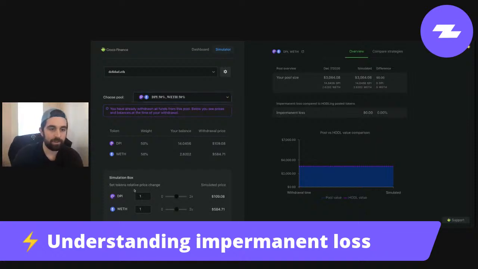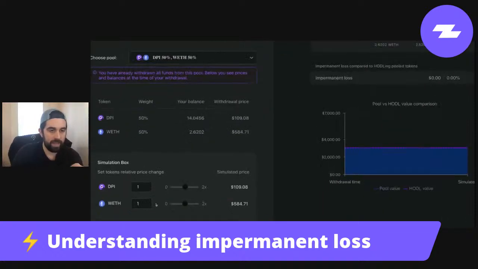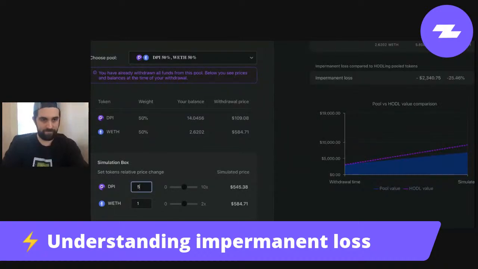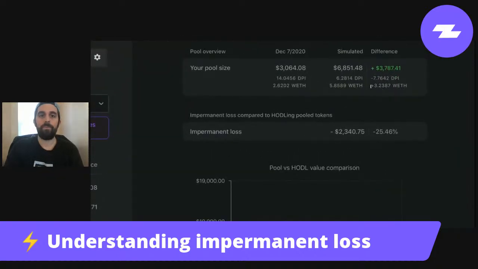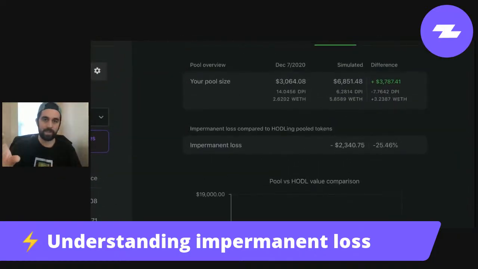And so if you go down here to the bottom left, let's pretend that DPI went up by 5x, which it actually did. I've been tracking it since they launched, and I think it's been up as much as 5x. You can see here that, first off, by me holding 50% DPI, 50% Ether, I'm still up because I'm holding two tokens that have gone up in price over time.